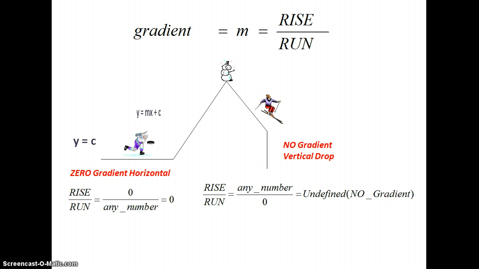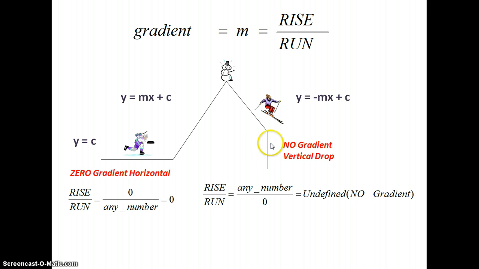Okay, now when you're going up the hill, your equation will look like y is equal to mx plus c. That means your gradient should be positive. And when it's going down the hill, that means your gradient is negative, so it will look like y is equal to negative mx plus c.